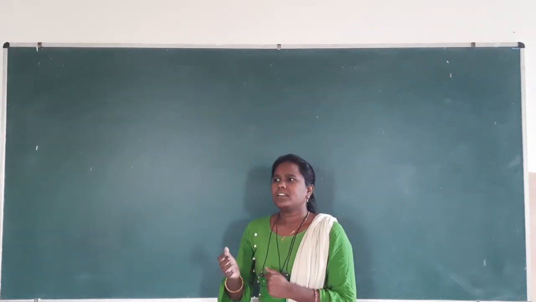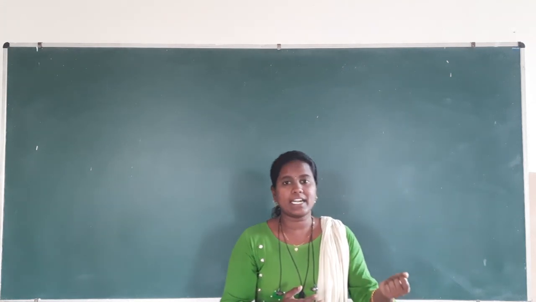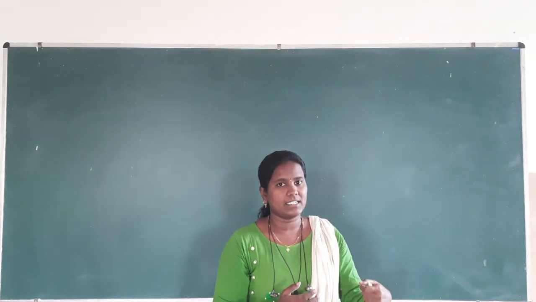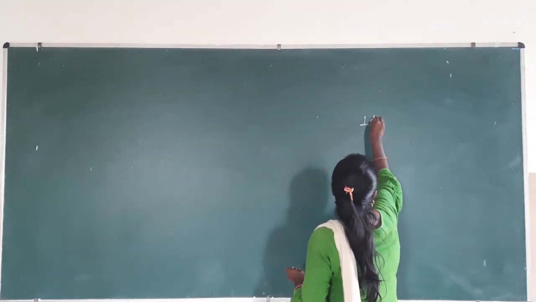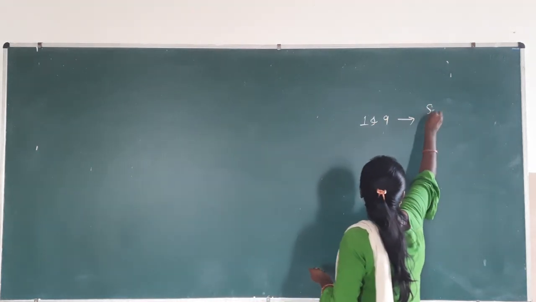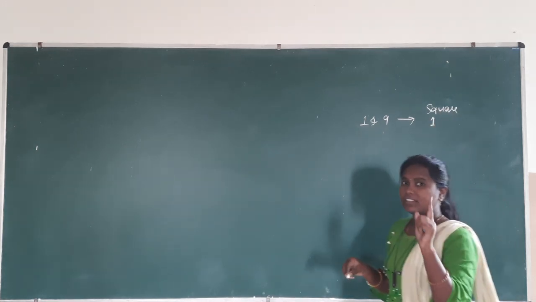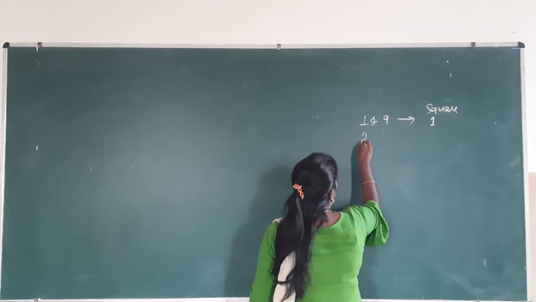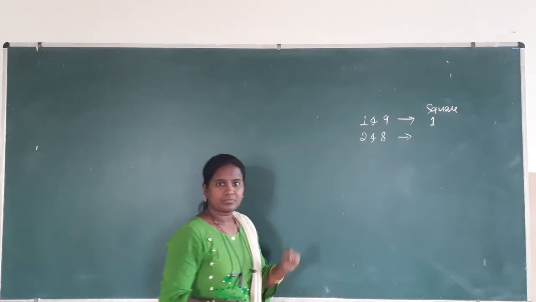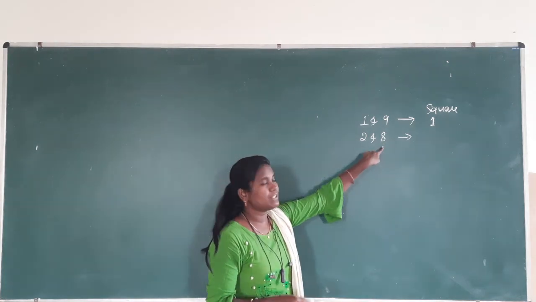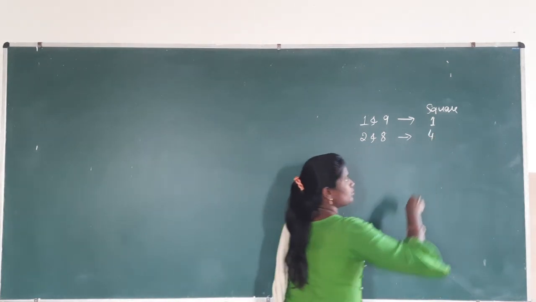In the last class, we also saw some properties of squares. The numbers which end with 1 and 9, their square ends with 1. If the number ends with 2 and 8, its square ends with 4.